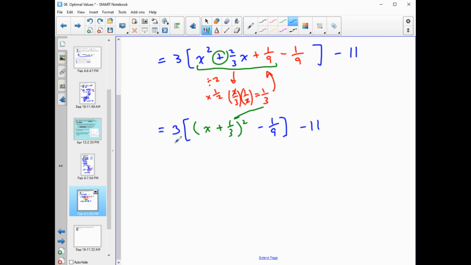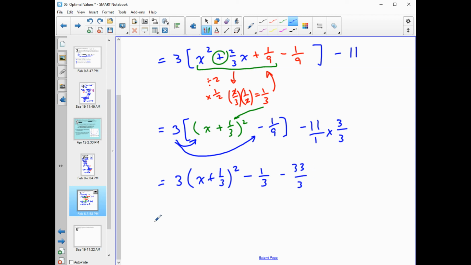-11. I'm going to expand, or distribute, that 3 into the bracket. I get 3 times x plus 1/3 all squared. 3 times -1/9 is actually -1/3. And then I'm going to take this 11/1 and also give it a denominator of 3, and that becomes -33/3.